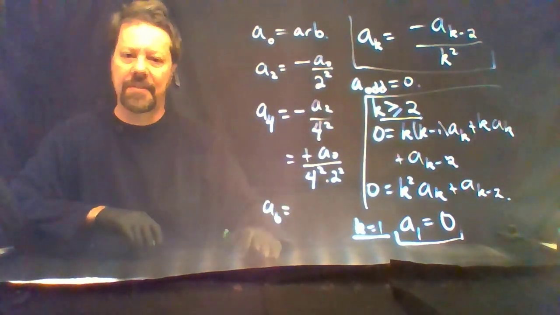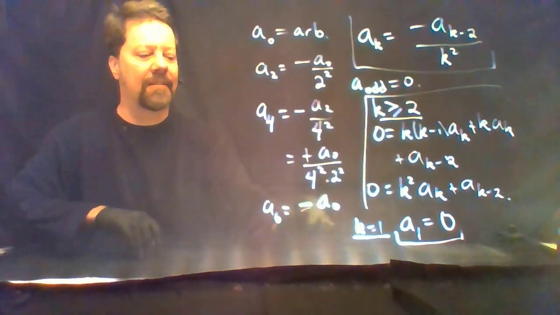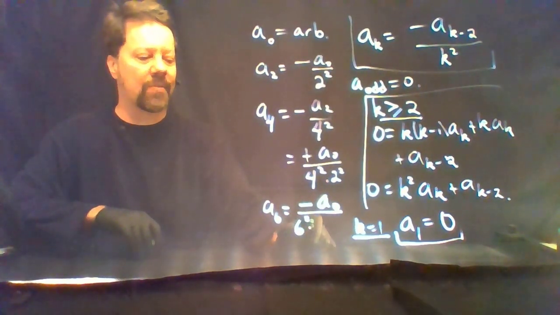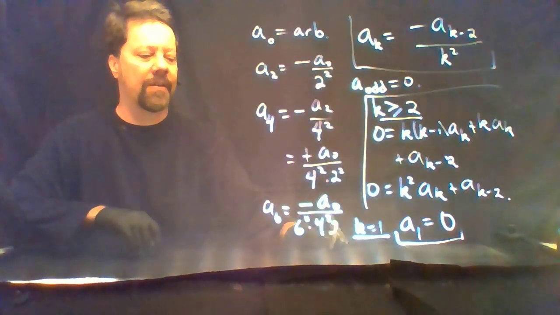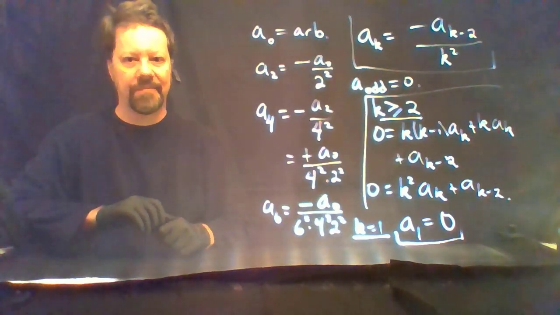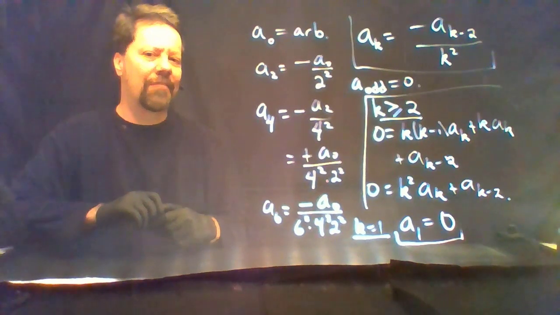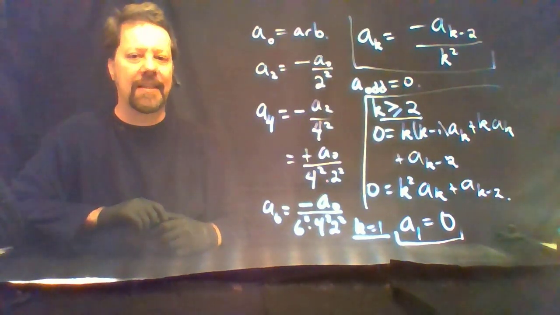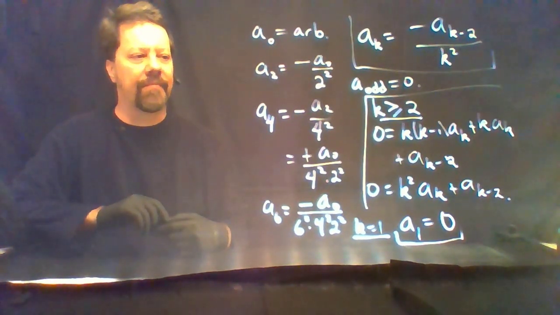A sub 6, you can see, is going to be negative a naught divided by 6 squared, 4 squared, 2 squared. We now need to find a closed form for these even coefficients.